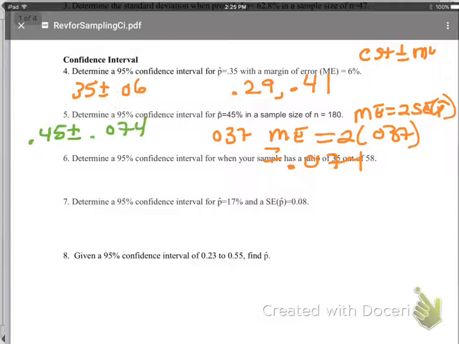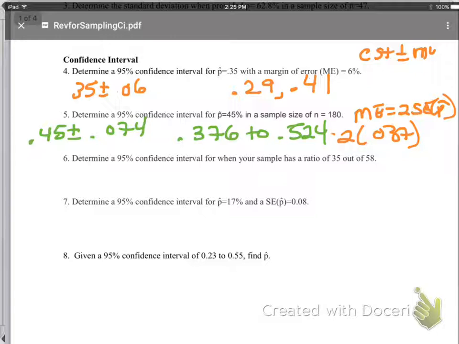Okay, so the first thing that I'm going to do is subtract those two numbers. So 0.45 minus 0.074, and I get 0.376. Now I'm going to add those two numbers, 0.45 plus 0.074, and I get 0.524. Okay.